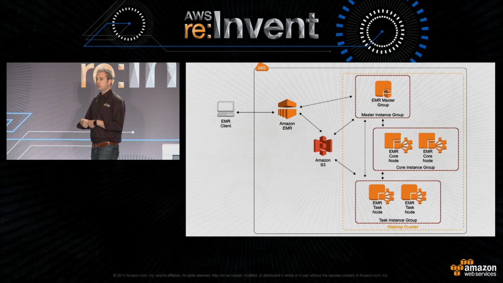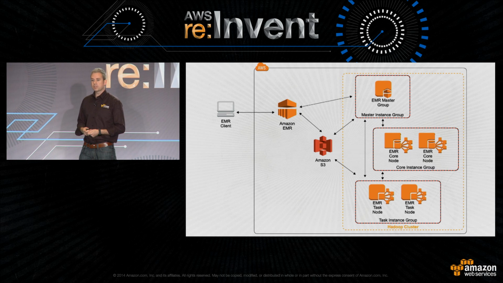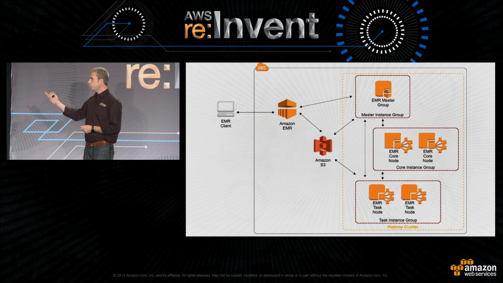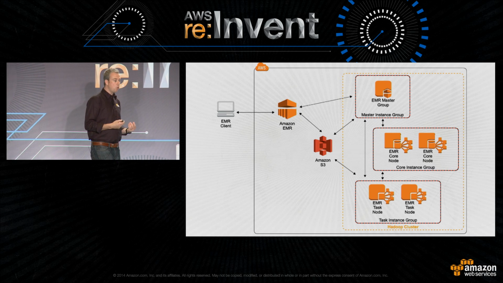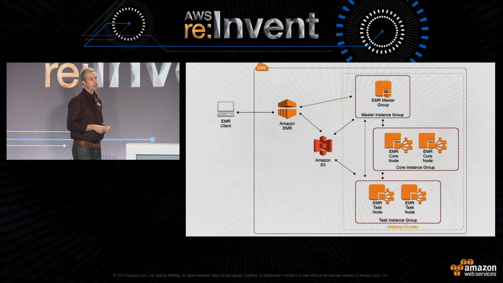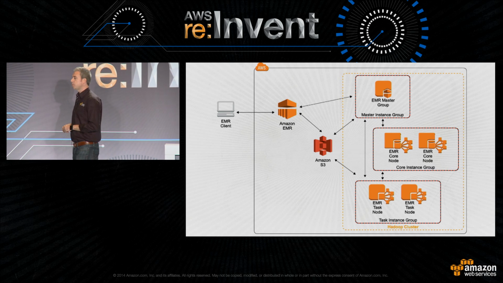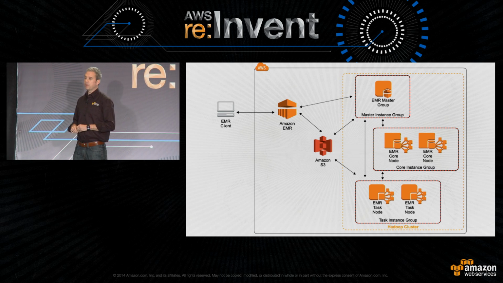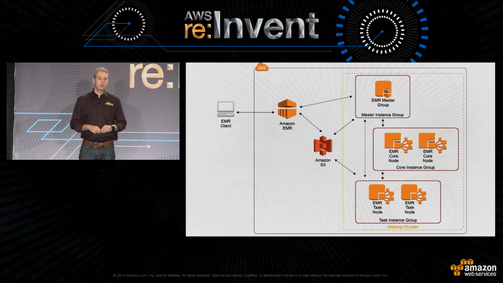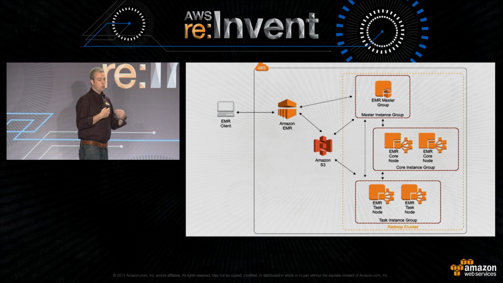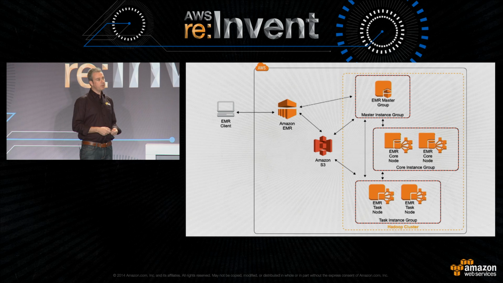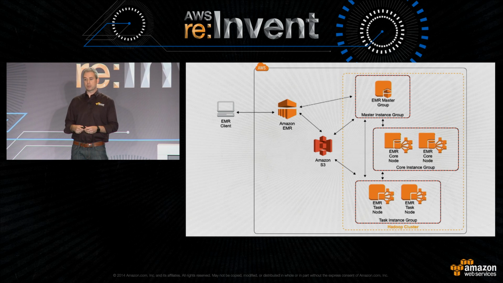It's designed to use the core nodes as an HDFS file system, while also being able to take advantage of ultra-performant access to S3, and all of the instance groups run an optimized access path to S3. So you're able to be extremely flexible about how you build your cluster.